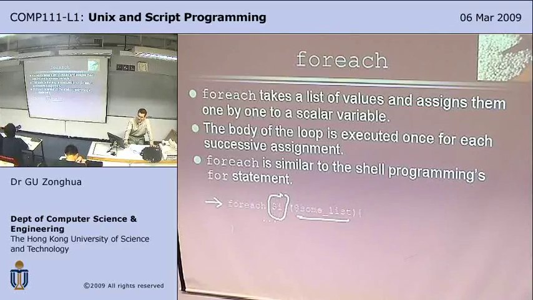So this is saying take each element of the list and assign it to the scalar variable $i, and then do something in the body. And how many times you loop is the number of elements in the list.